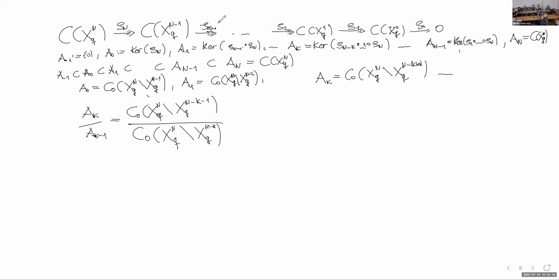Let me draw it, like some discs. Things which have dimension n minus k do not exist, and then we take a dimension higher and throw all of that out.